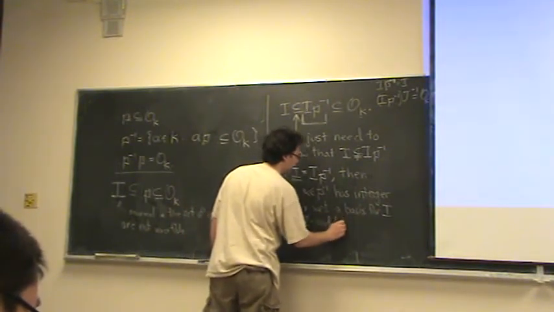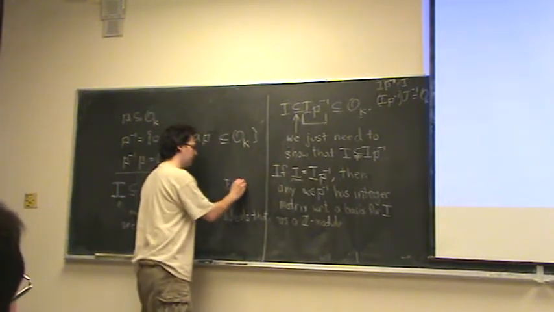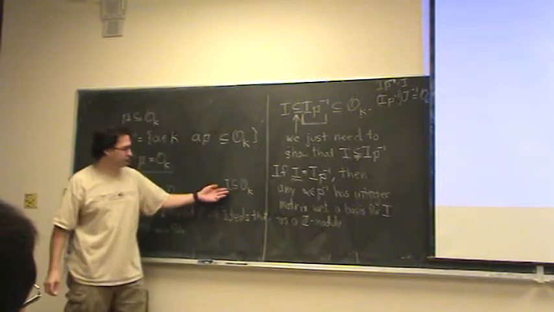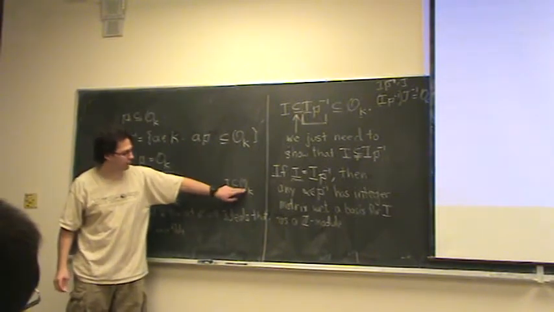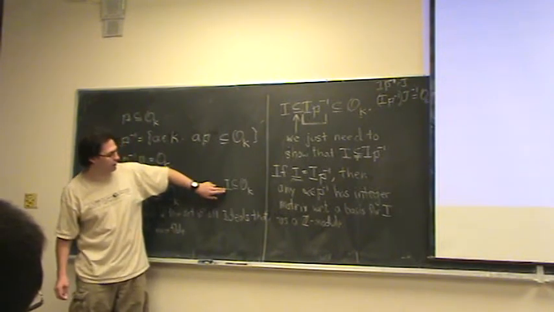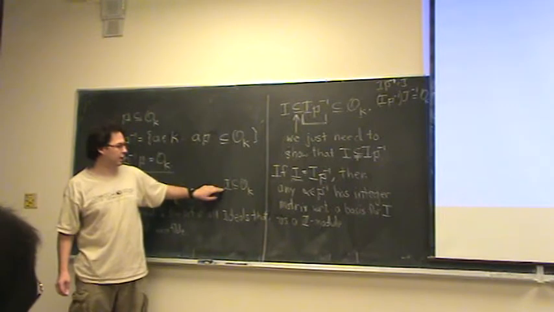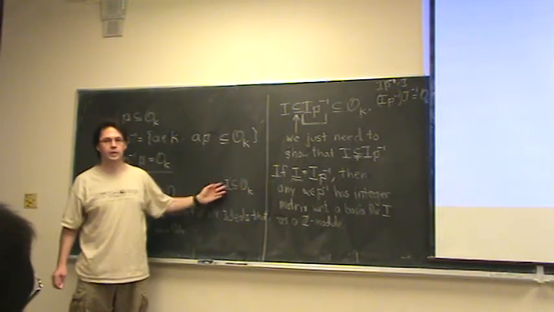Remember, the key thing I'm using right here is that I is a non-zero ideal in OK. And remember when I proved that every non-zero prime ideal is maximal? The same argument gives you that this I has finite index in OK as a module.